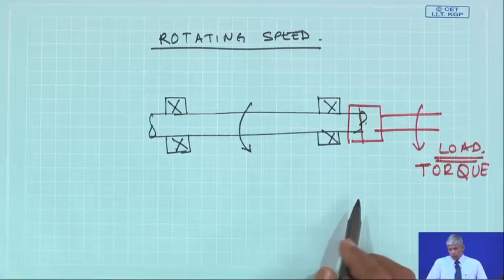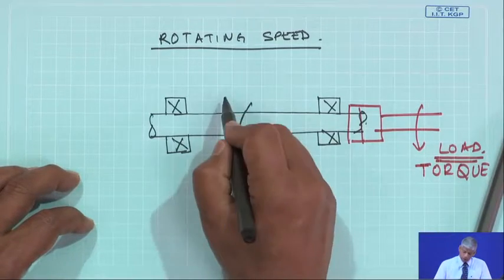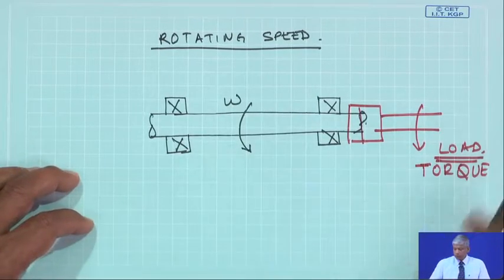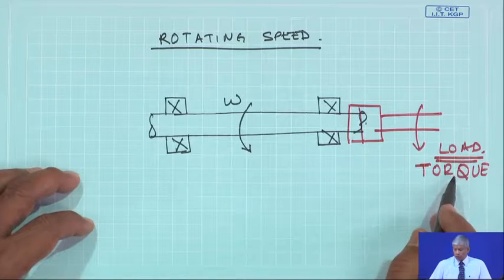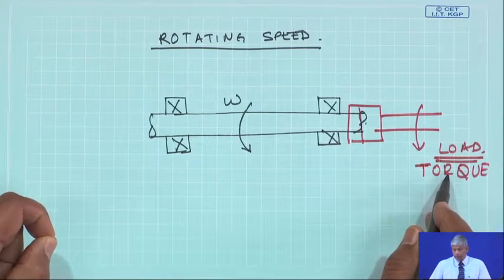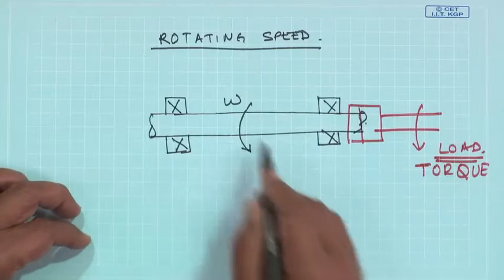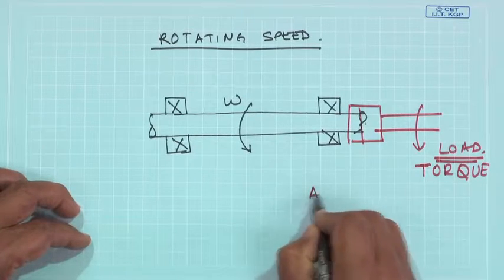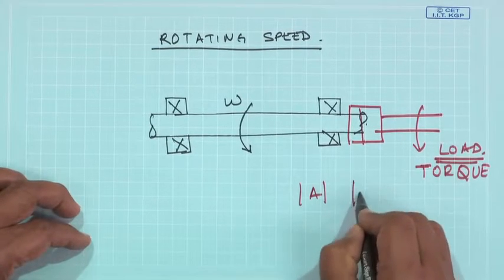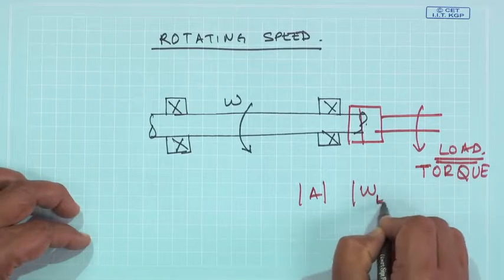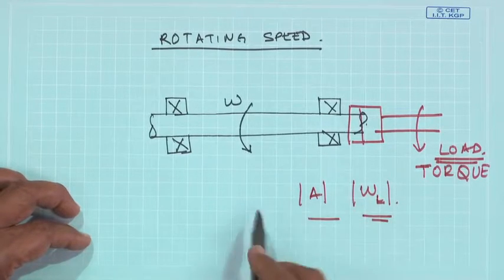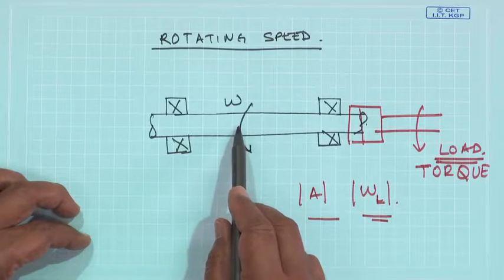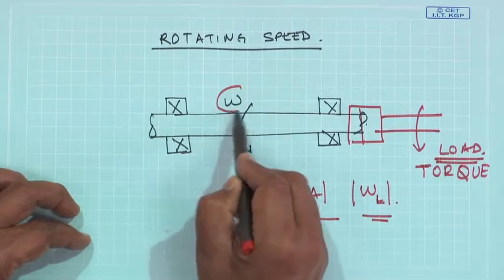Now, imagine this is designed to run at a constant speed omega. Imagine if this load torque for a moment varied. What is going to happen to the dynamics? Obviously, the load torque varying means either in terms of its amplitude or in terms of its omega. So, this is going to change the rotational speed and also the vibrations.